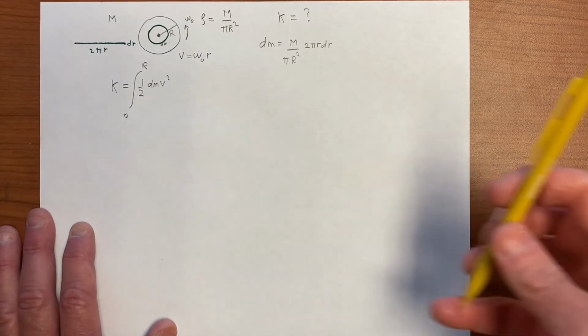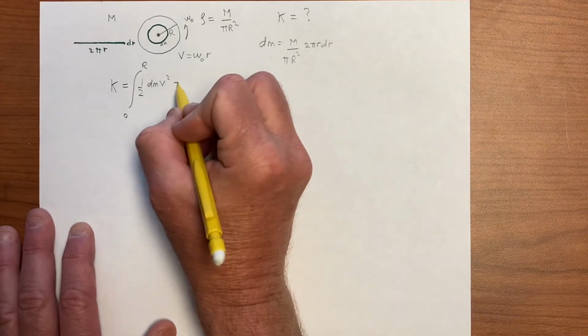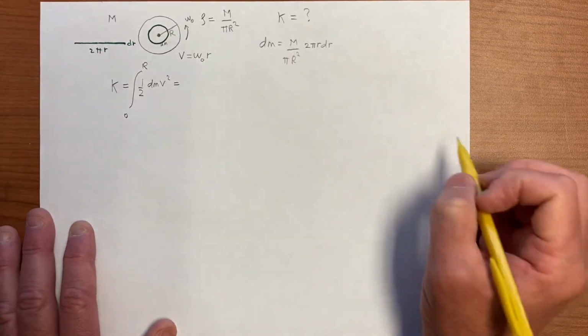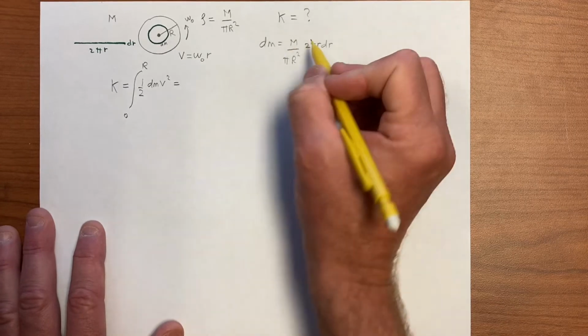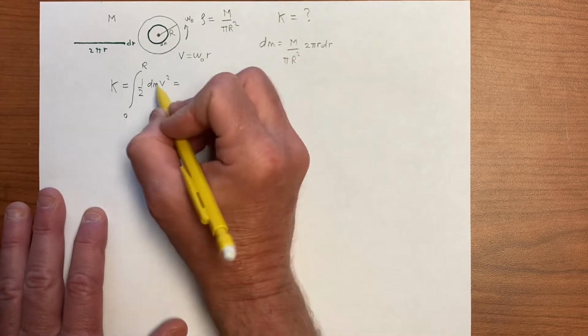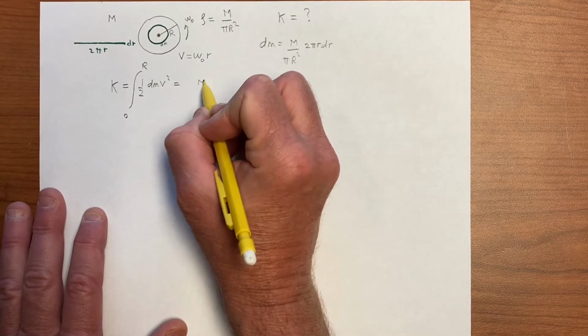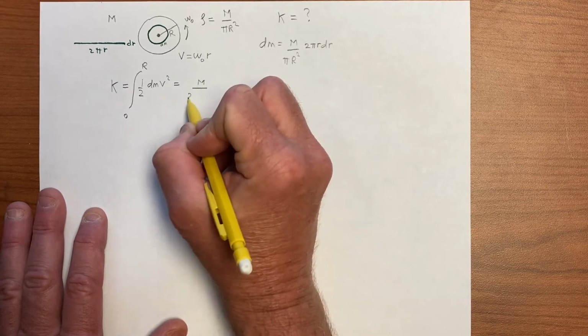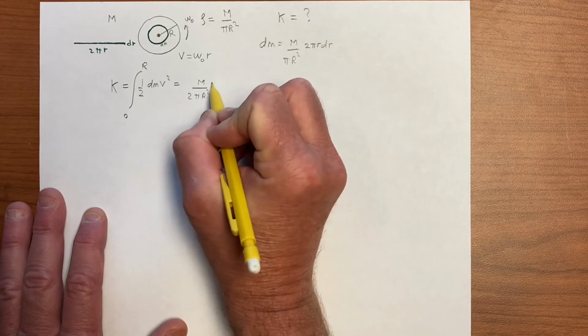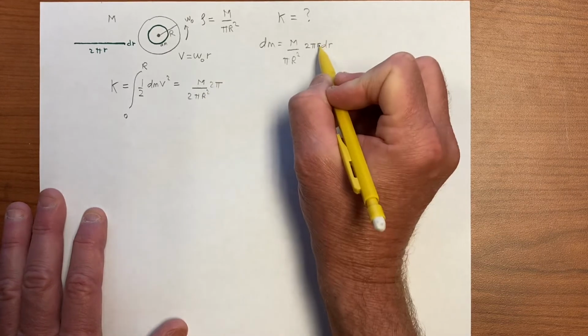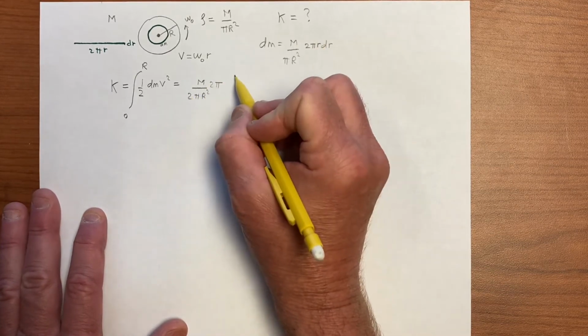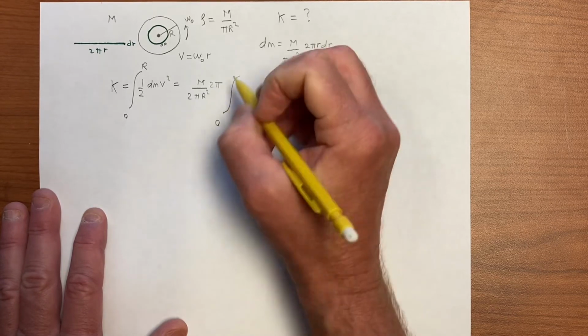And so this becomes an integral where we have our dm, and our v is given by this, so we have m over pi r squared times 2 pi. All of this is constant, so the integral goes from 0 to r.